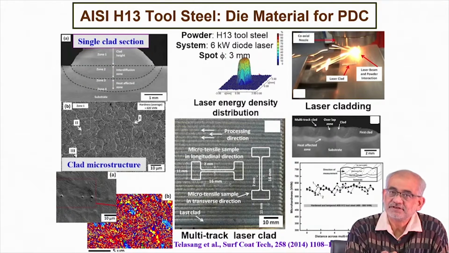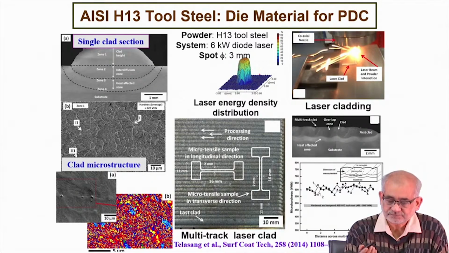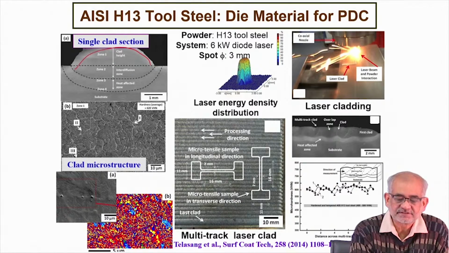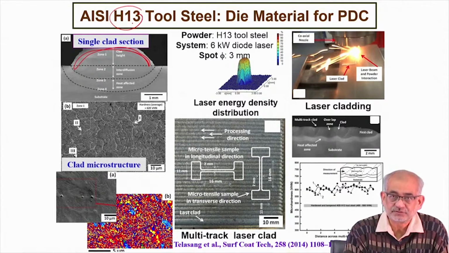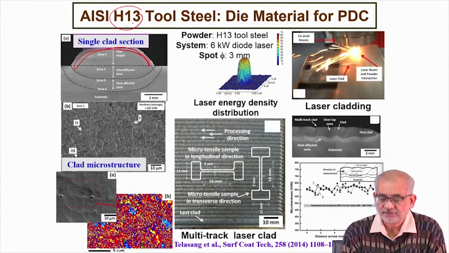That means there'll be hardly any sharp interface created at all, and no question of extra stresses created at the interface. So here is a cross section of such a clad. Both the substrate and the clad have the same composition, H13 tool steel, and with this tool steel we were able to create a clad.